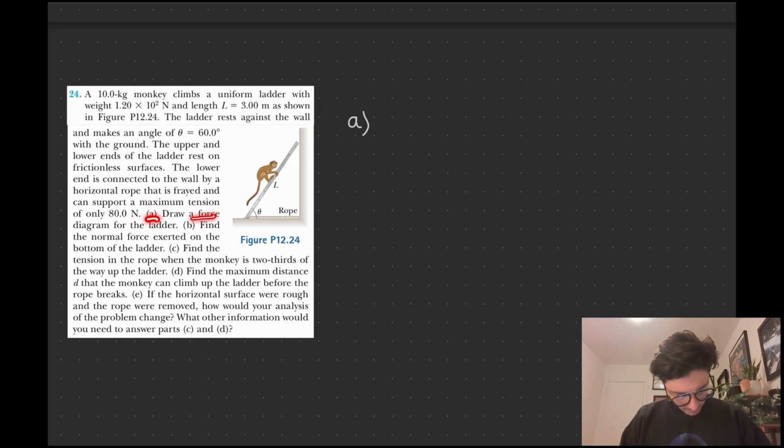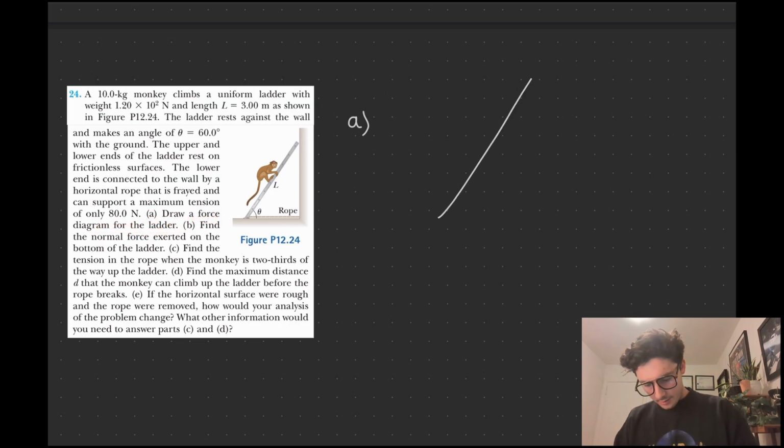It says draw a force diagram for the ladder. All right, force diagram. Here's the ladder, right? The center of mass is important. The center of mass tells you the weight of the ladder. And this weight is a force. Force is equal to mass times acceleration, Newton's second law.